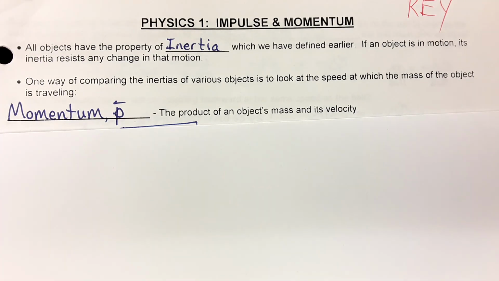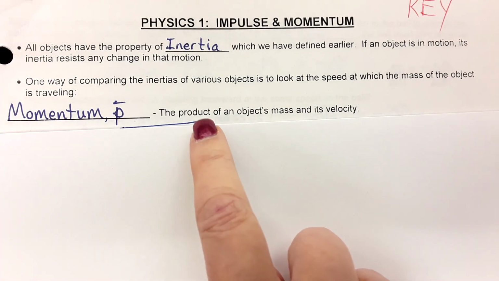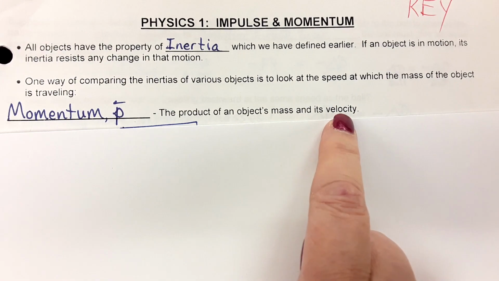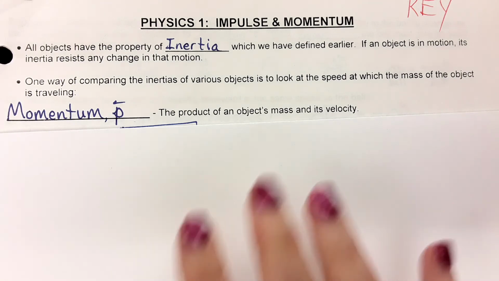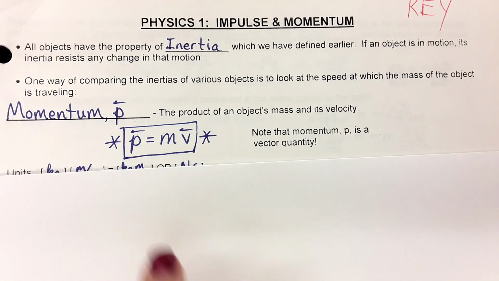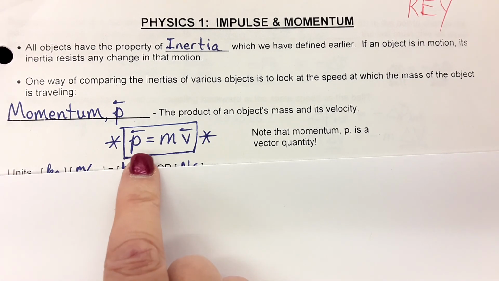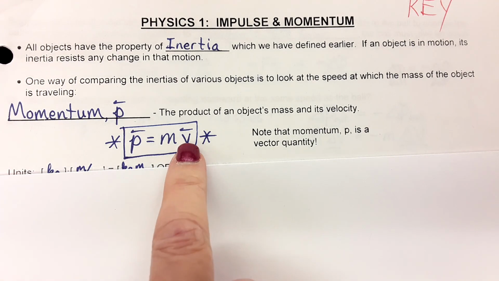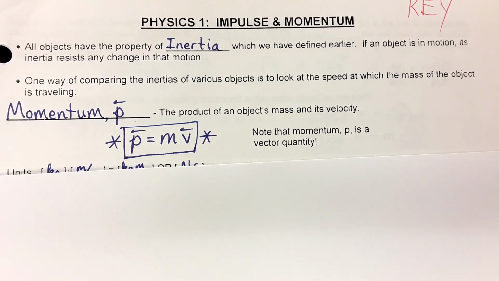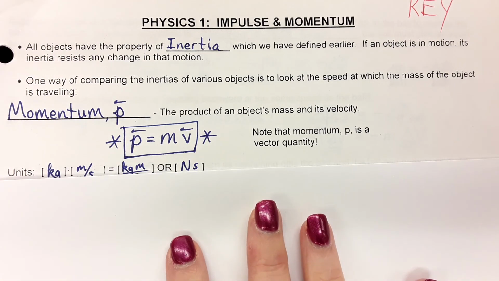It is a vector quantity, and specifically it's the product of mass and velocity for that object. Product, if you'll remember, means to multiply. So to find the momentum of an object, you take the mass and multiply by the velocity. The direction of the velocity will be the direction of the momentum.